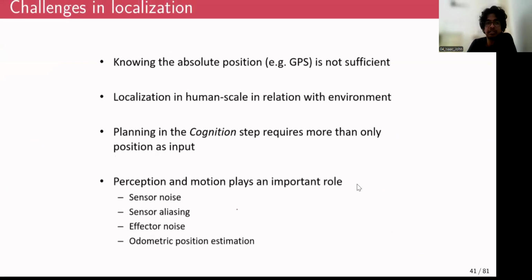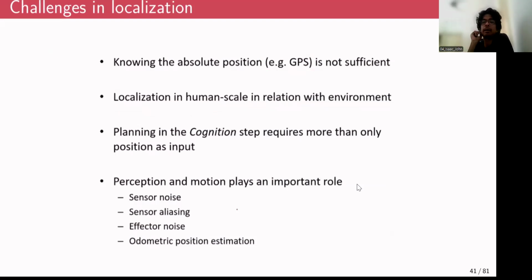So the main challenges in localization we have seen is that knowing the absolute position is not sufficient, because GPS is not going to provide a sufficient amount of resolution. Localization at human scale in relation to the environment is always going to be a challenge, because as human beings we coordinate our motions to very high precision, maybe up to millimeter levels, but GPS won't give you a resolution up to millimeters, especially indoors.